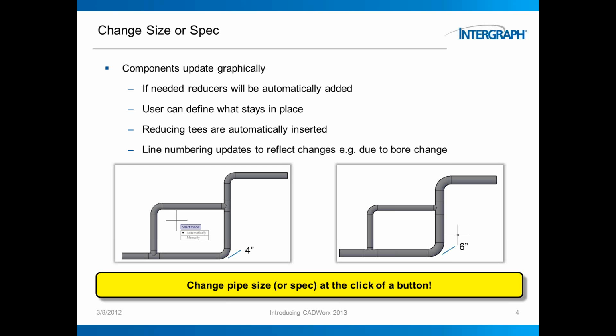We'll notice in the command, as we go through it in a few minutes, that as I choose to change my size, I can also define what doesn't move. So the command gives our users the ability to control what size and also control the movement of the piping line.